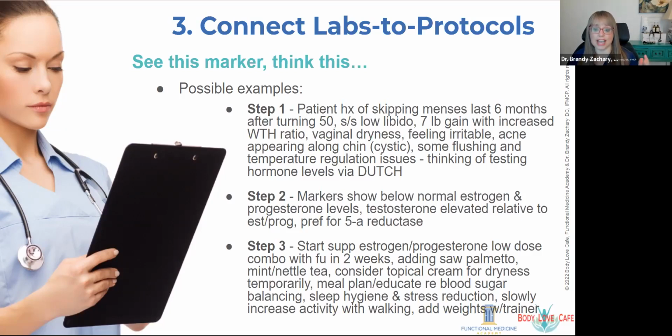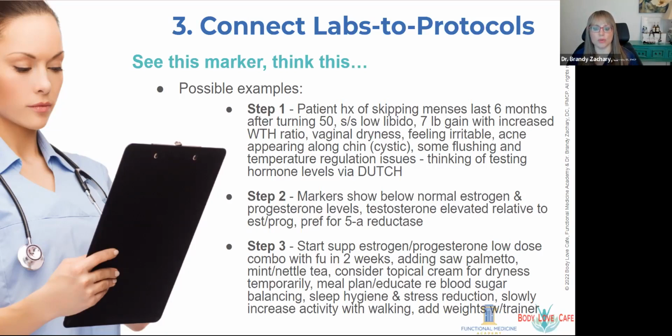Step 2, you get the lab. The markers show below normal estrogen and progesterone levels, confirming they're getting into perimenopause. The testosterone levels are elevated, not high on their own, but elevated relative to the lower estrogen and progesterone, and this shows that this patient has a preference for 5-alpha reductase, a more androgenic form of testosterone.